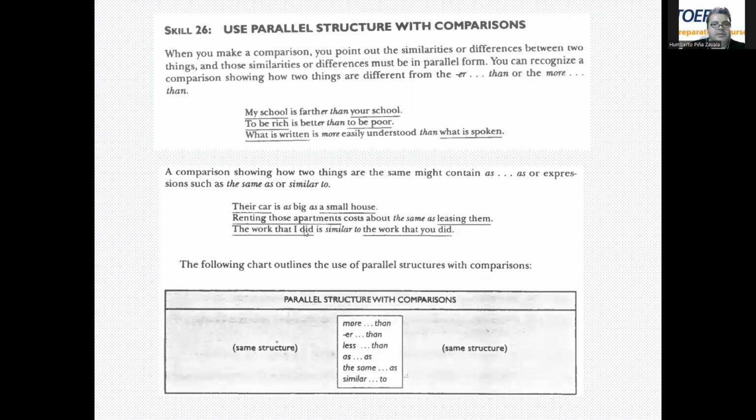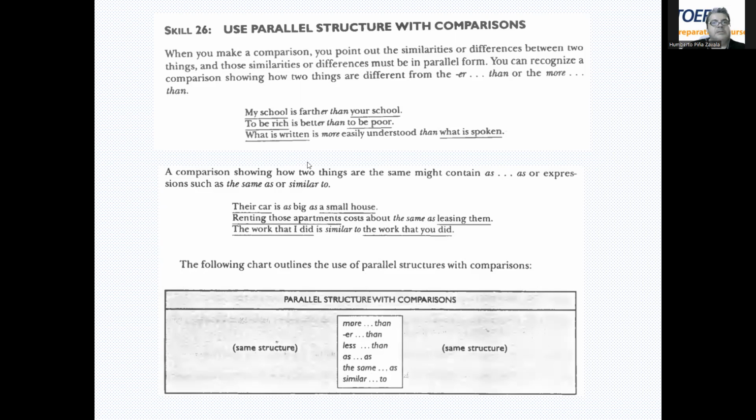Remember, the idea is that when you are using comparisons, you're going to keep that parallel between the structure, right? The same structure that is before the comparative is going to be after the comparative. Okay, for the chart, unless you use parallel structures with comparison, you got same structure and then the comparative, more, bigger, less, at the same level as, the same as, similar to, and then the same structure.